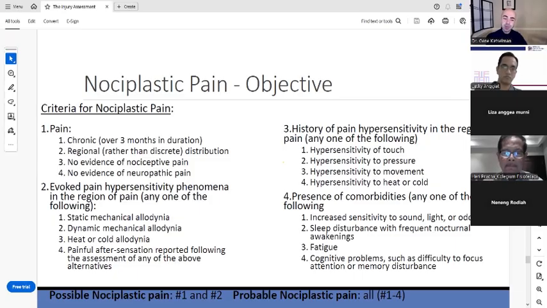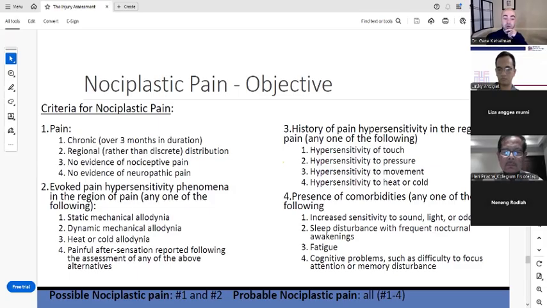These are things that you may not always be asking in the clinic, but I would like to encourage everybody to begin looking at these things, especially if you suspect possible nociplastic pain, because these may be involved.